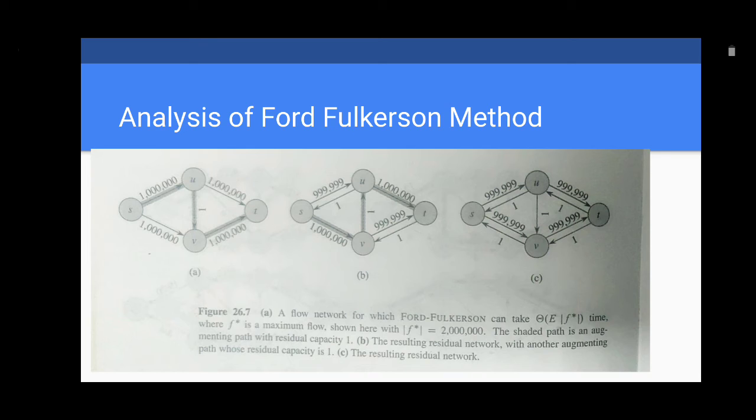Now we'll try to construct the residual network for the flow shown. The flow has a value of 1 because the path from U to V can take only 1. Now the residual network is given in B. In this residual network, if I find an augmenting path from S to V, V to U, and U to T, which again has a path value of 1 only, we go on iterating such that in every iteration the flow value increases by 1.